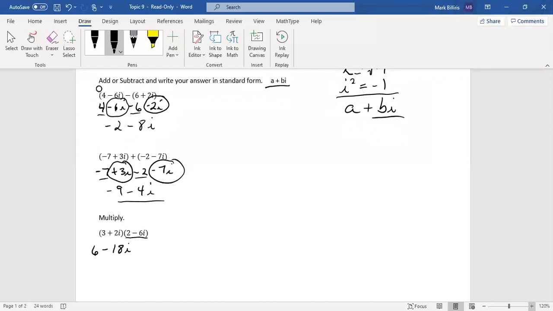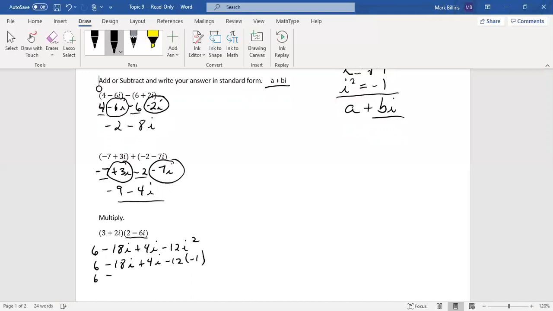Next, I'm going to take the +2i times each term. So +2i times 2 is +4i, and then +2i times -6i is -12i squared. So keep in mind, i squared equals -1. So we have 6 minus 18i plus 4i minus 12 times a -1.